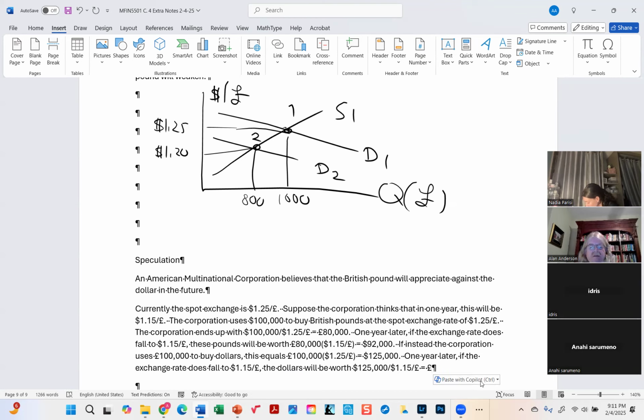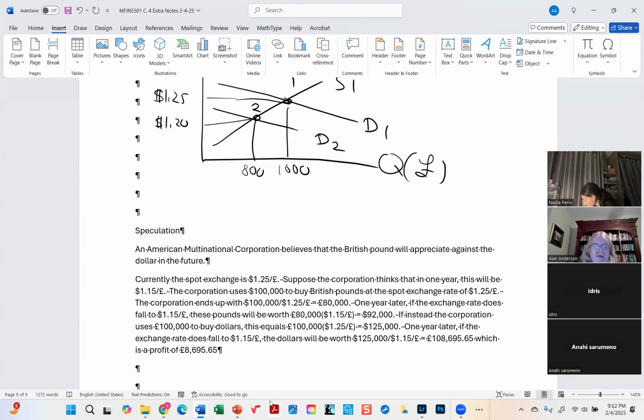And so that ratio gives 108,695.65, which is a profit, of course, of $8,695.65. Okay.